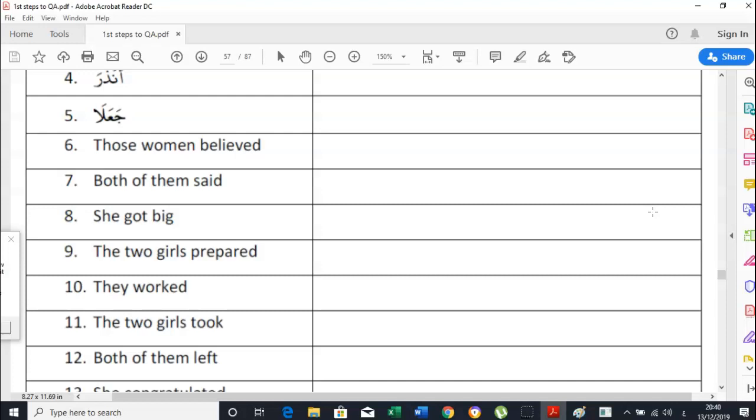What's the second person of both of you? Second person is anta, antuma. And they all rhyme. Antuma, nasartuma, antuma, qultuma, antuma, hasibtuma. It's not that. So it's going to be which one? The third person.